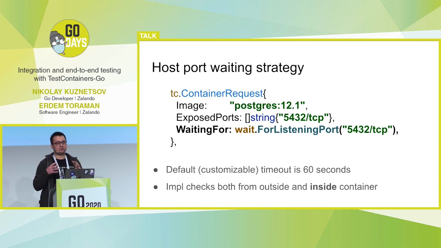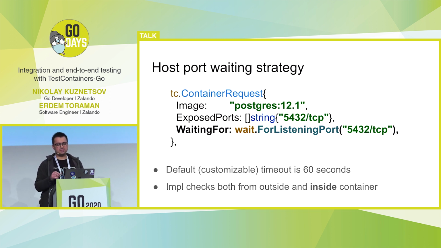So if you want to wait for the host port to be ready, this is done this way. We create a container request and specify what waiting strategy we want. By default, this host port strategy has a timeout of 60 seconds. What is important is that it does the check from outside of the container, at the host environment, and it also checks the port inside the container.